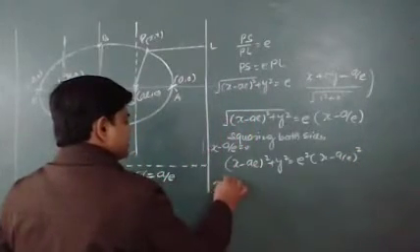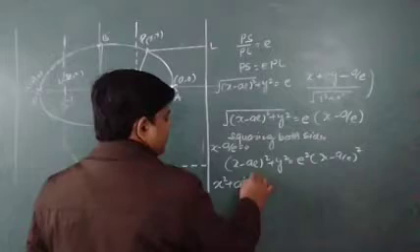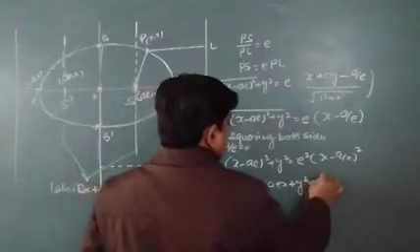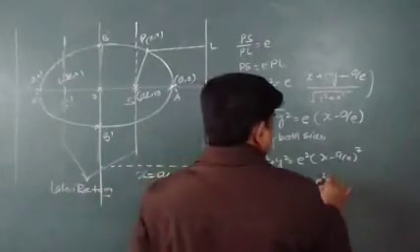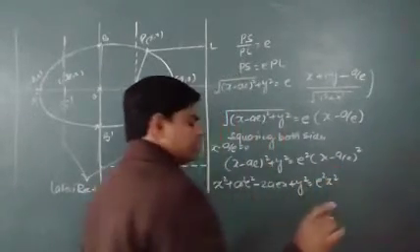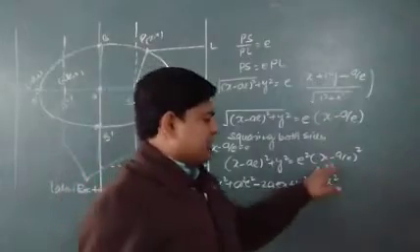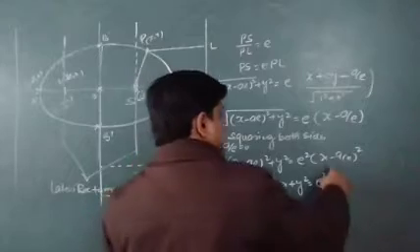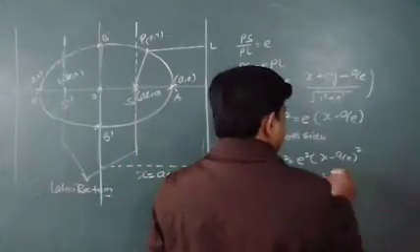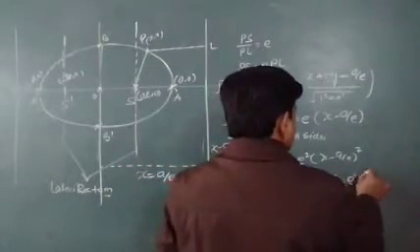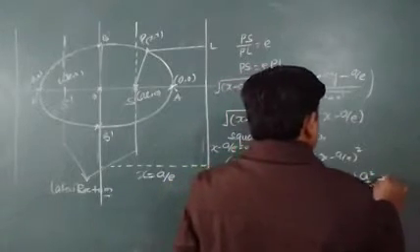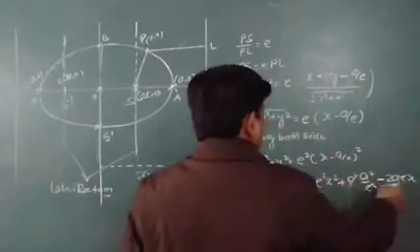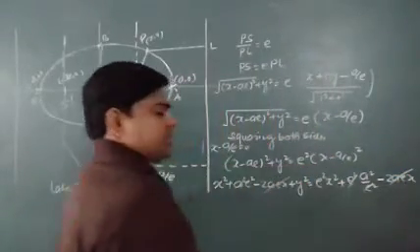When I simplify: x² + a²e² - 2ax + y² = e²x². I am doing two things together. One, I am using (a - b)², and one, I am multiplying by this one also. So here I will get a²/e², and multiplying it by e², I will get a² - 2ax. Again 2ax can be eliminated.